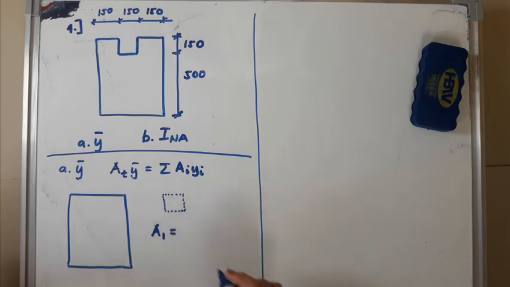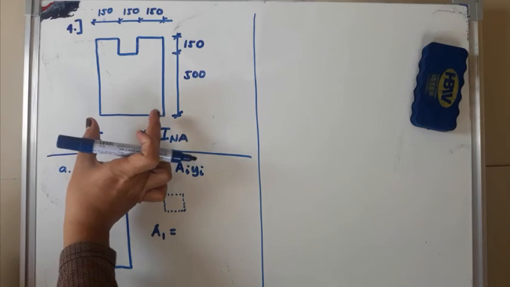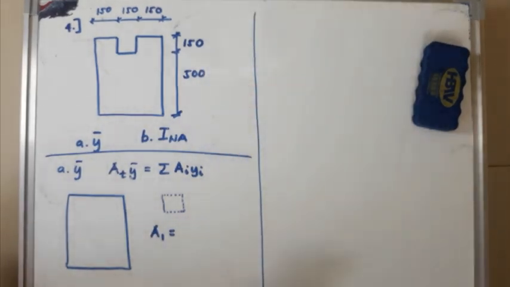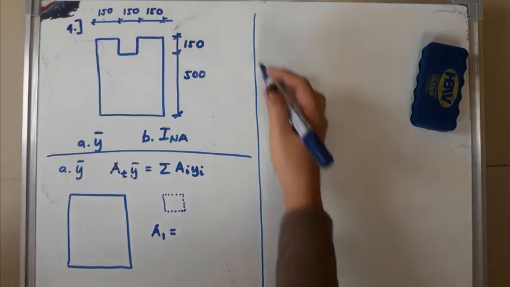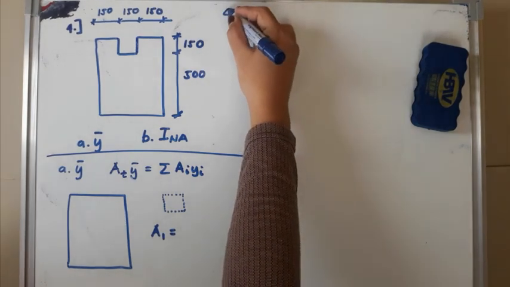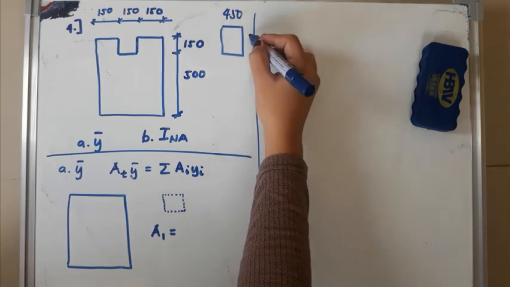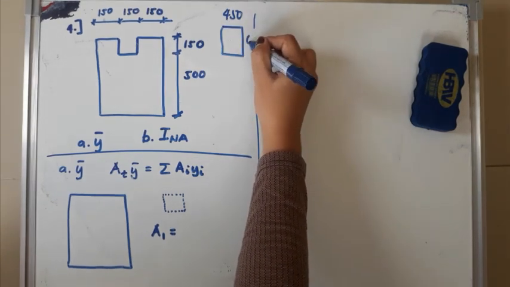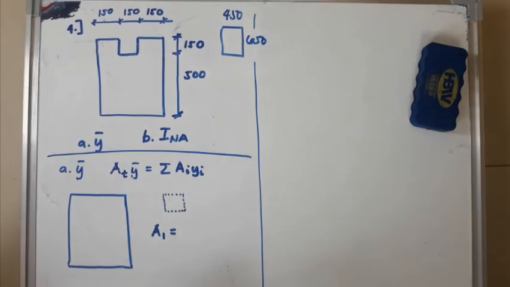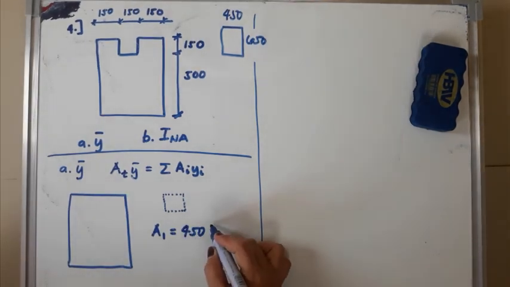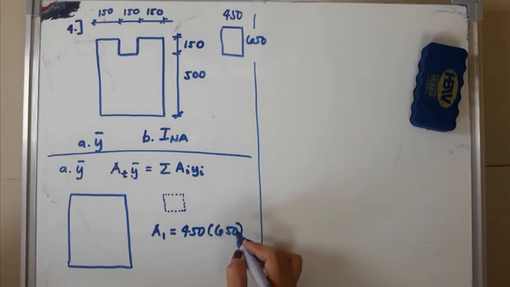Area 1 will be, what is the total width? This is 450, and the total height is 650. So our area will be 450 times 650.